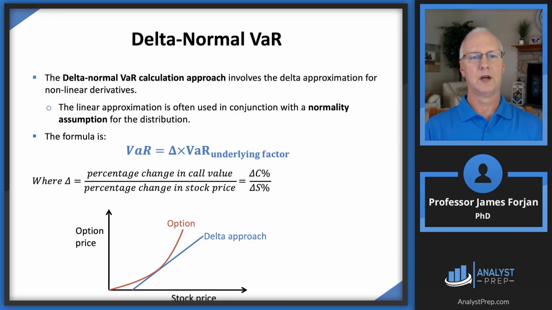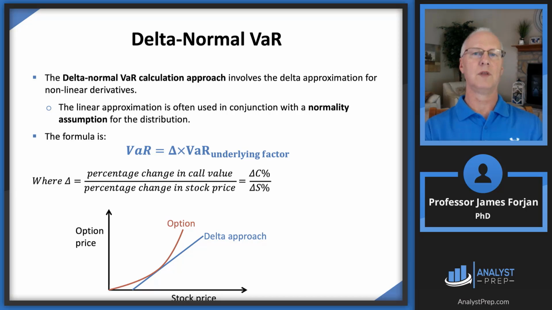All right, what about this concept of a delta normal value at risk calculation? So what we're going to try to do is approximate the delta for a nonlinear derivative. Now, this linear approximation is almost always used with the normality assumption. Remember, I said this to you in a previous video, that the founding fathers of finance, all those dudes back in the 50s and 60s and 70s, they pretty much were economists.